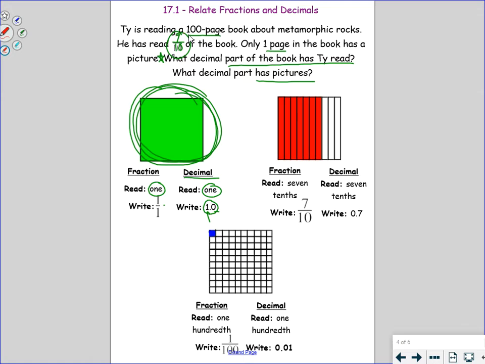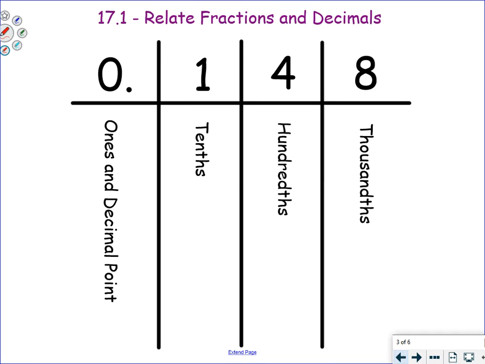As a fraction, you read it 7/10, and you write it as 7/10 with the fraction bar. As a decimal, you read it the same way, 7/10, and you write it 0.7. Notice if we go back to here, we have 7.